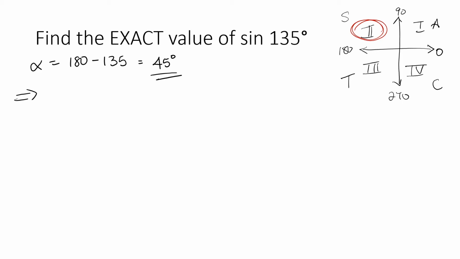Therefore, sine 135 degrees is the same as sine of 45 degrees. And we know that sine 45 is root 2 on 2. This is our answer: the exact value of sine 135 degrees is root 2 on 2.